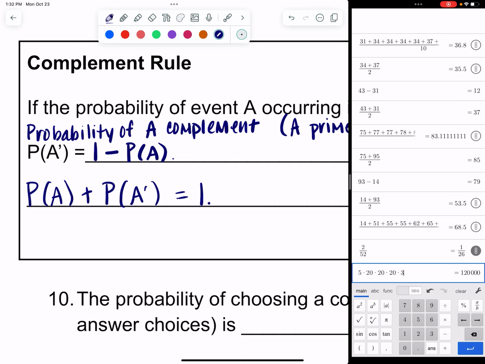So if you know either A or A complement, you can find the other one by subtracting from 1.